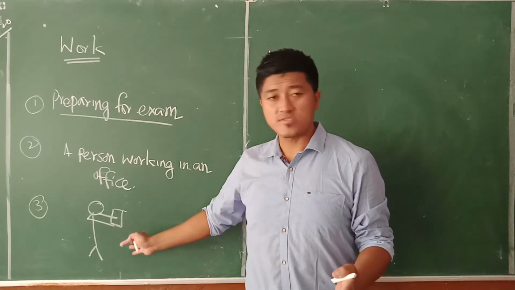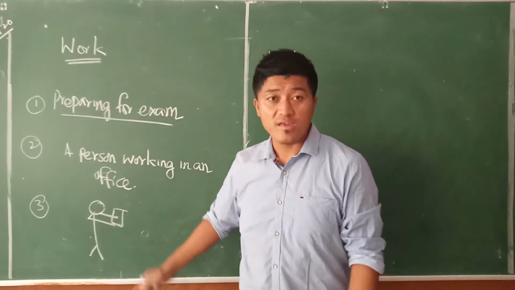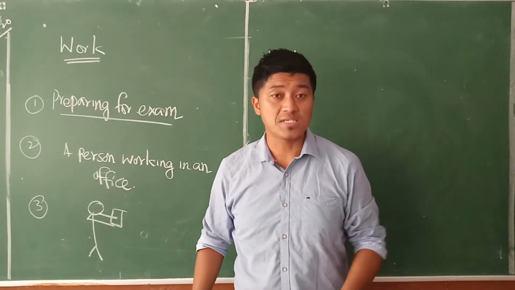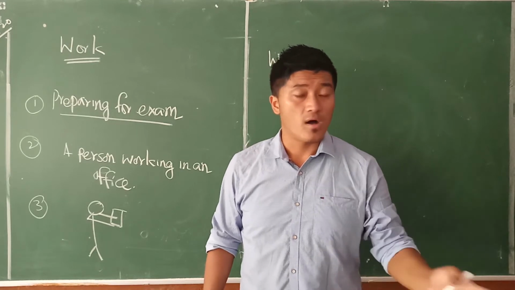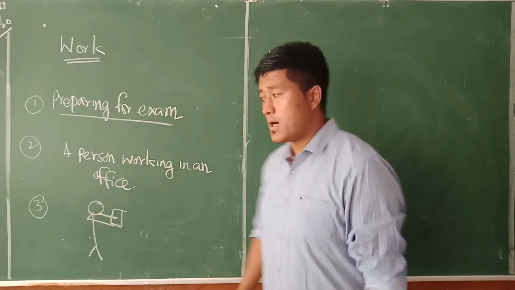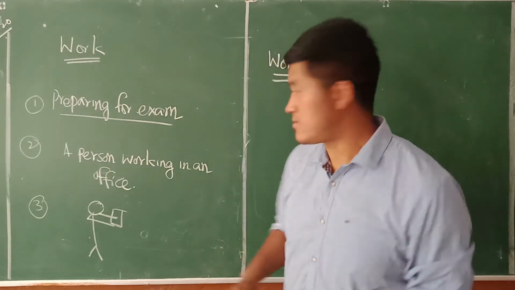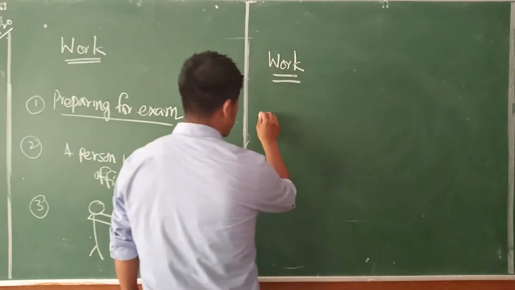So in all three cases here, 1, 2 and 3, we never consider this as work in the case of the scientific definition of work done. Okay, now you must be thinking, what is that work done? What is that work? Okay, let me give you one example.